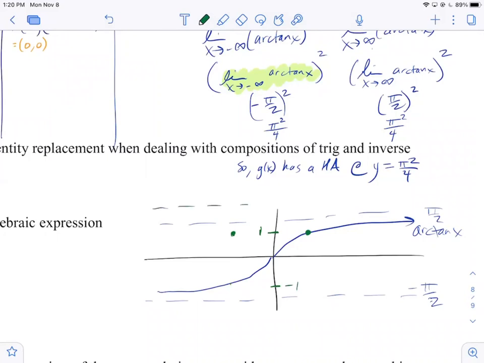If you come up here and draw another asymptote just above it at pi squared fourths, you can now do this. It's going to pass through here, and then it's going to bounce. It's going to go through there, and it's going to increase. Okay. And is that consistent with what we have already found? Look at the origin, right?